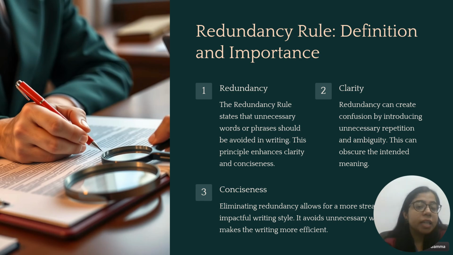Omitting redundancy allows for a more streamlined and impactful writing style. It avoids unnecessary wordiness and makes the writing more efficient. As I told, it will be more clear, less ambiguous, and less wordy if we omit the redundant word. The word which is getting repeated unnecessarily is known as a redundant word.